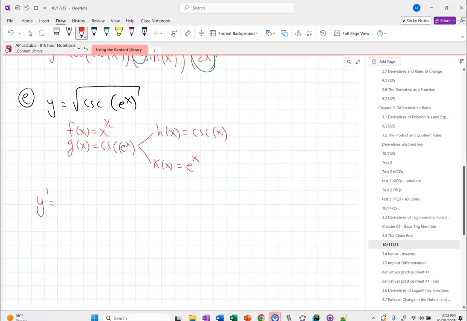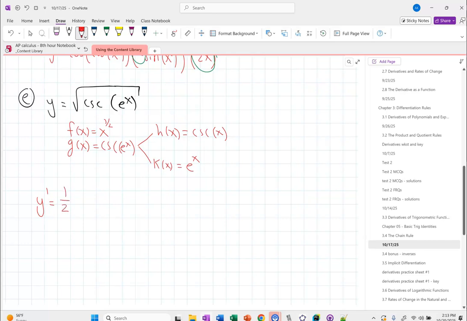So the derivative of the outermost is? Half x to the negative 1/2, right? Because we subtract 1 from the exponent. Okay.